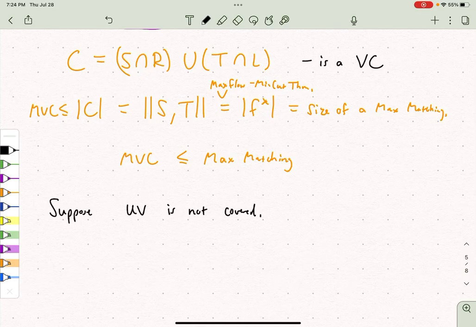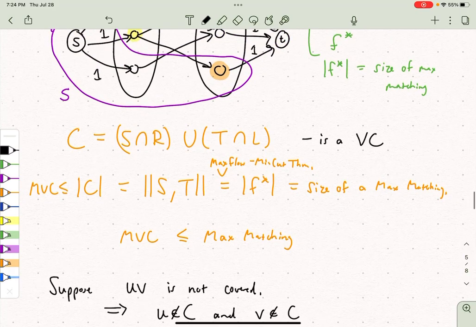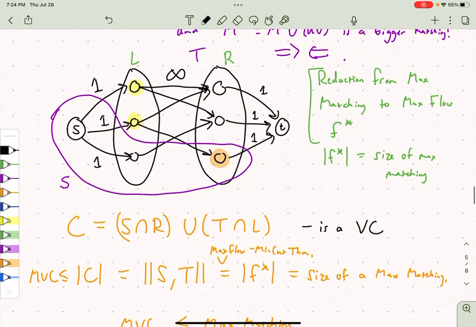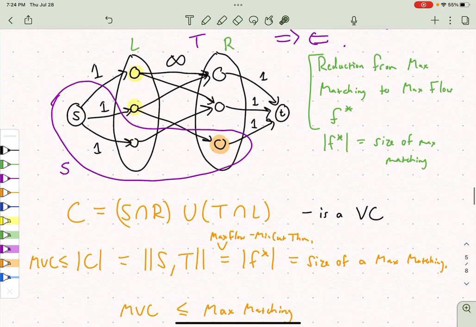So this means, by definition, that U is not in C and V is not in C. And so by definition of C, that means U was not in L intersect T, and V was not in S intersect R. So it was neither these, nor it was these. So the only other possible option, if it doesn't touch any of these edges, would be if it was somewhere in the middle. That's the only other option.